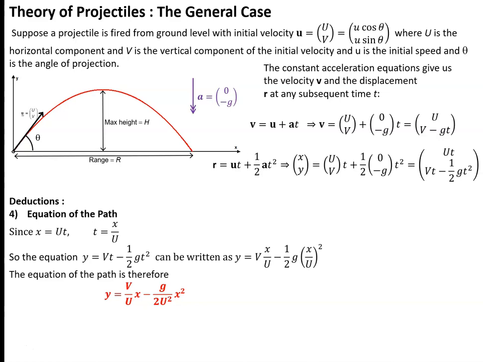And g over 2U squared is the same thing as g over 2 times by little u squared cos squared theta. So we can rewrite the equation of the parabola as y equals x tan theta minus g over 2u squared cos squared theta, lots of x squared.